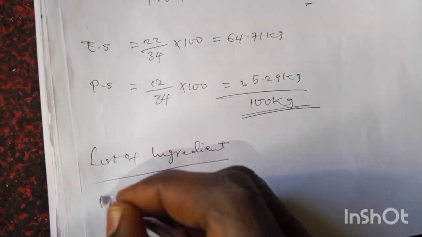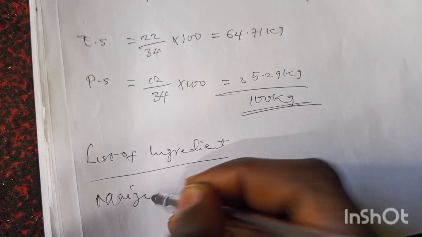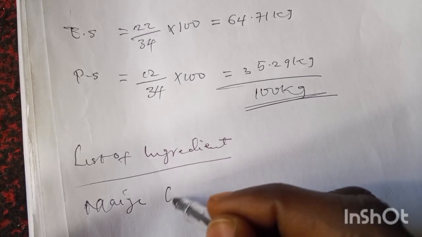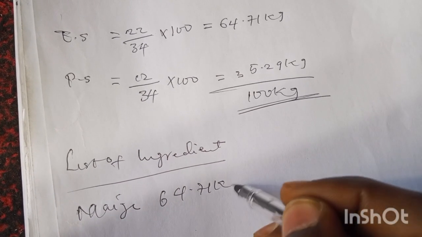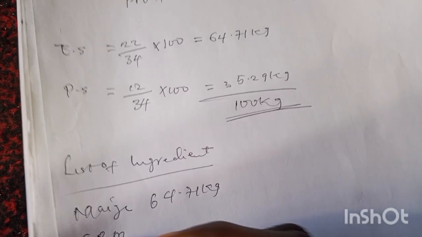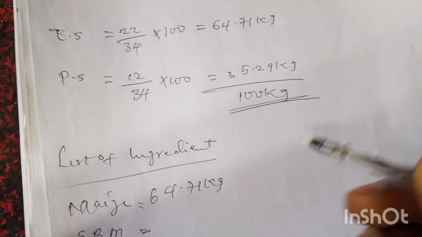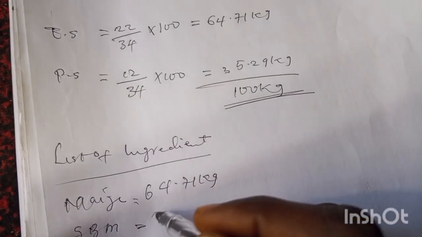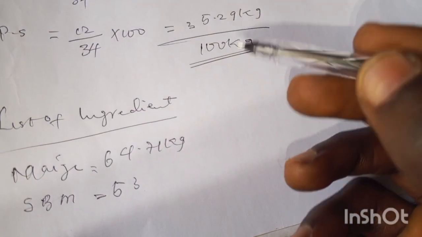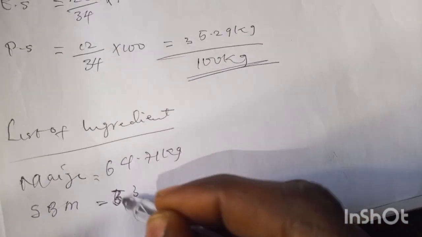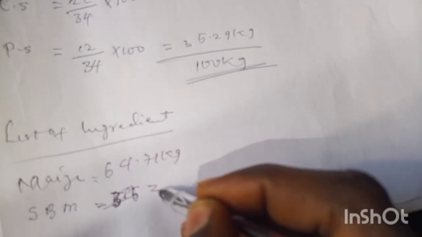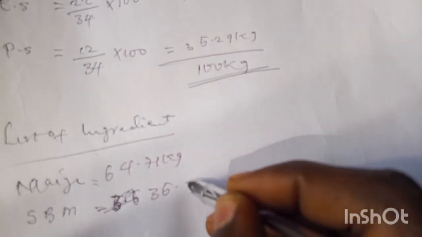The value for maize here is 64.71 kg. Then soybean meal is 35.29 kg.